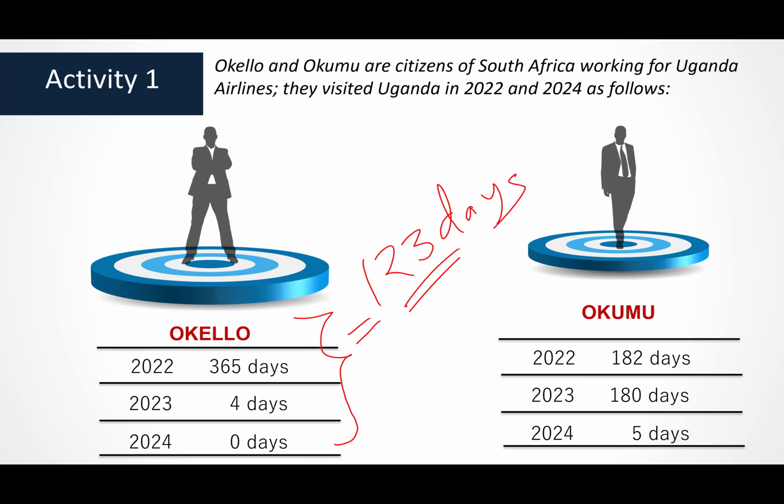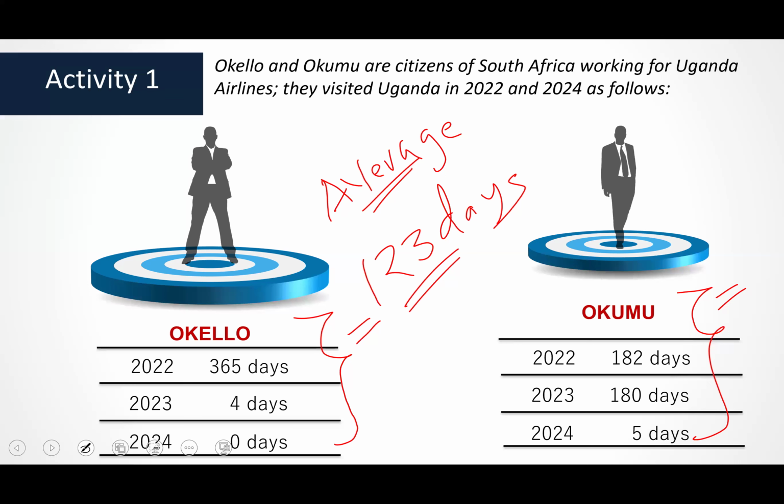Now let us add for Okumu and divide by 3. Okumu divide by 3. Share with me in the chat. Add, divide by 3. These are averages. We are getting the average.